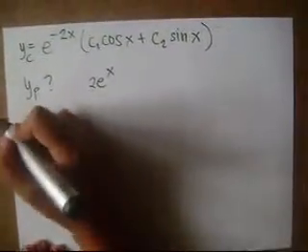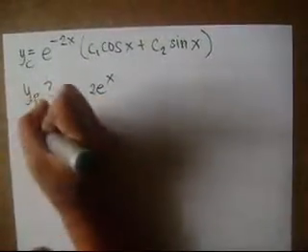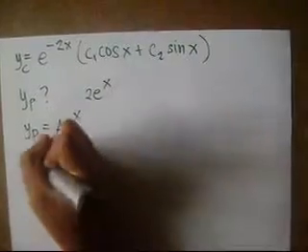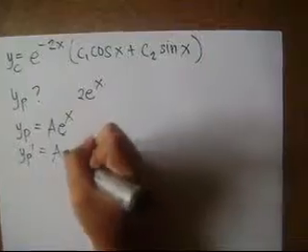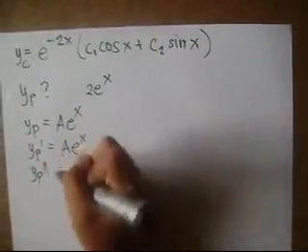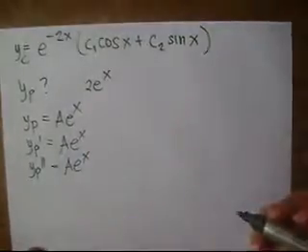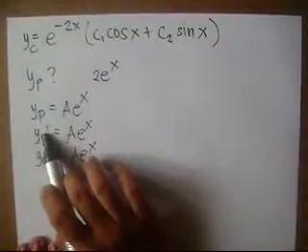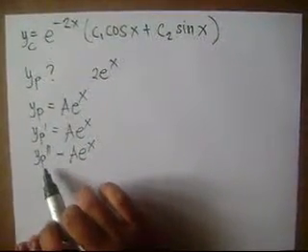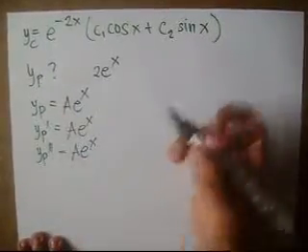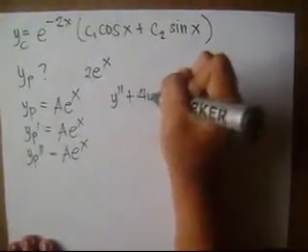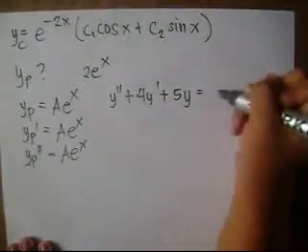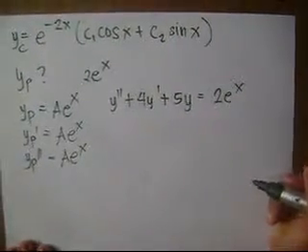We assume yp = a e^x. The derivative of this is still a e^x, and the second derivative is also a e^x. To get the unknown a, substitute yp, yp', yp'' into the given equation, y'' + 4y' + 5y = 2e^x.